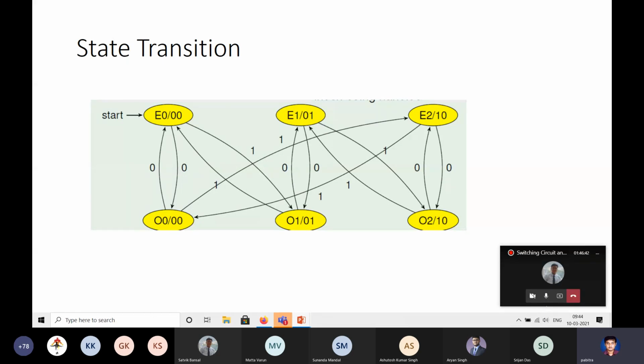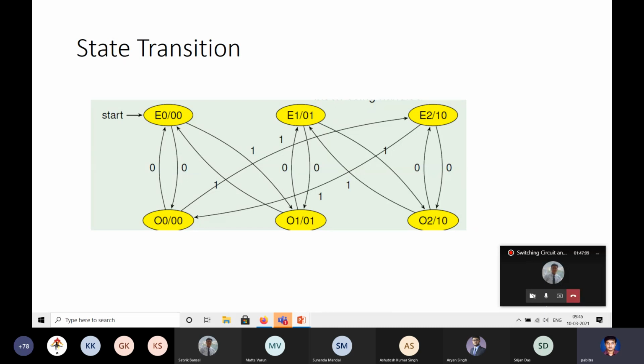And how many such Karnaugh maps will we need to complete this? 5. The next state encoding is 3 bit, so for each bit of the next state, we will need a Karnaugh map. So 3 Karnaugh maps for the next state computation, and the output is 2 bit, so you'll need 2 Karnaugh maps for the 2 bits of the output.